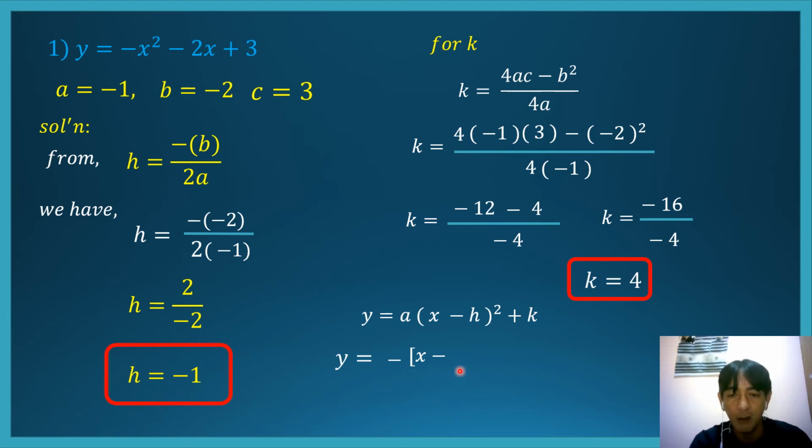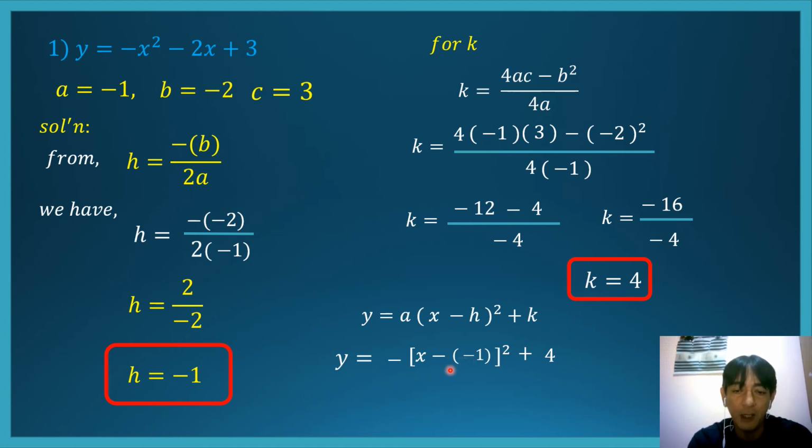So, gagamit kasi ako ng parenthesis inside the bracket. So, x minus, para mapakita ko sa inyo kung paano siya magiging plus. Ang h natin is negative 1. So, x minus negative 1. Tapos, quantity squared plus k. So, ang k natin is 4.